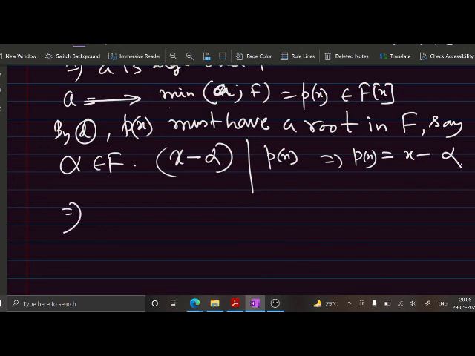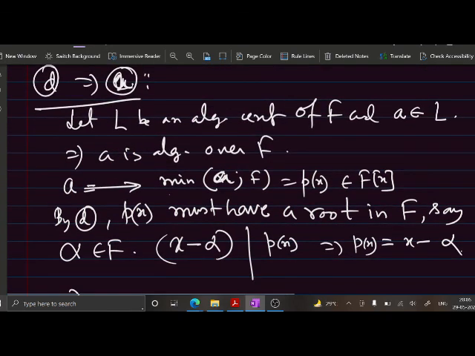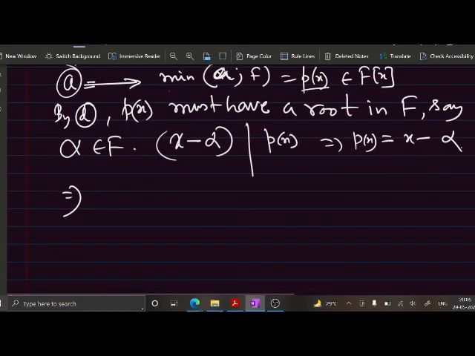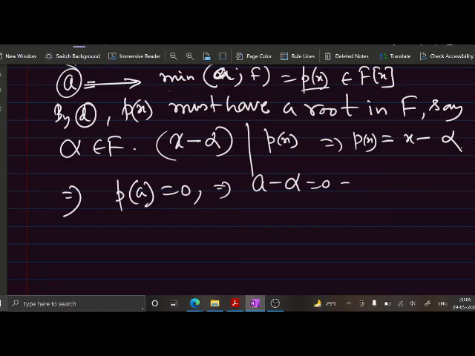সো দিস ইমপ্লাইজ, তাহলে এবার তুমি পেয়ে গেলে, so therefore তুমি এখানে বসিয়ে দাও। So since p(x) has been considered to be the minimal polynomial of a over F, so p(a) equals 0, so that means it is a minus alpha equal to 0, that is a equal to alpha.